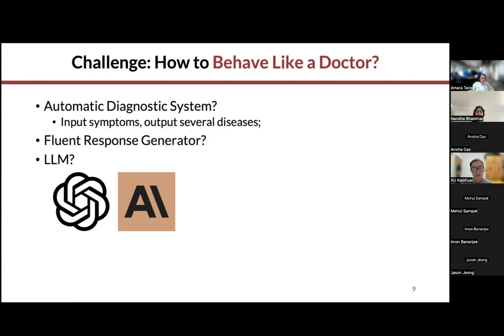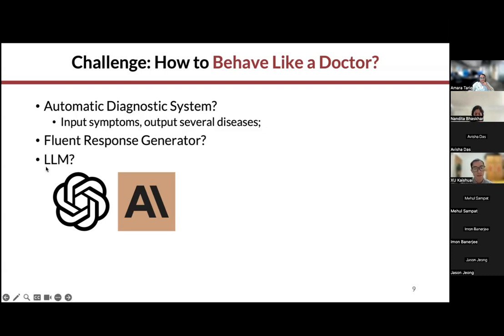However, this response generator is only based on natural language processing or response informativeness, not on medical accuracy or other perspectives related to medicine. So it is not a real doctor, right?